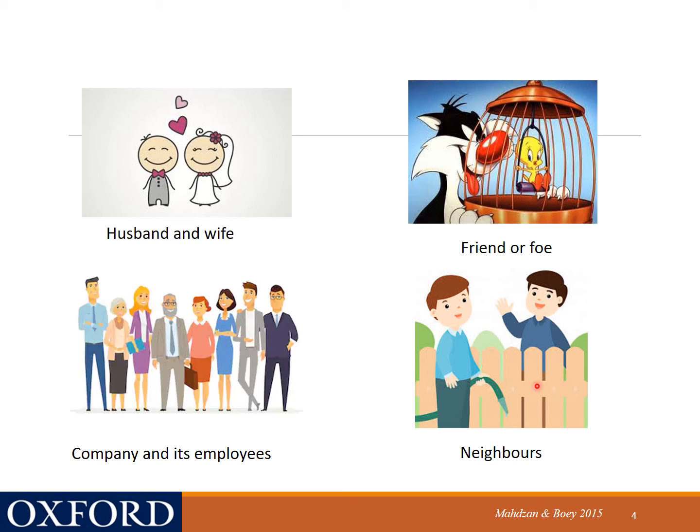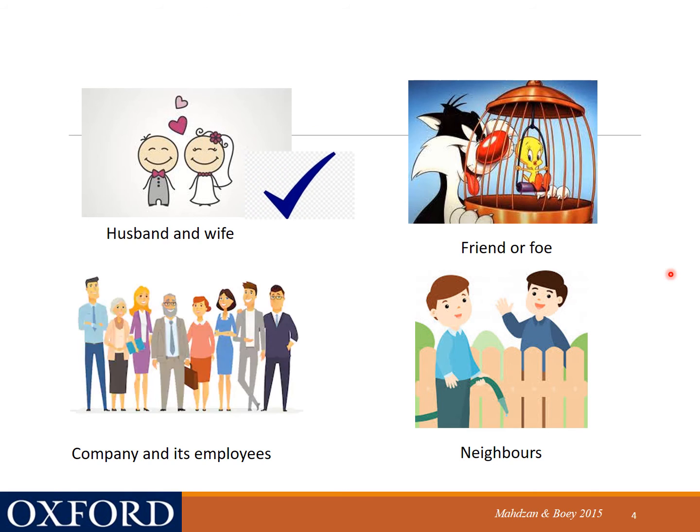Do neighbors have insurable interests? What about a company and its employees? The company is an entity, and the employees are the people working in the company. So in each of these situations, which parties have insurable interest, and who doesn't have the insurable interest?